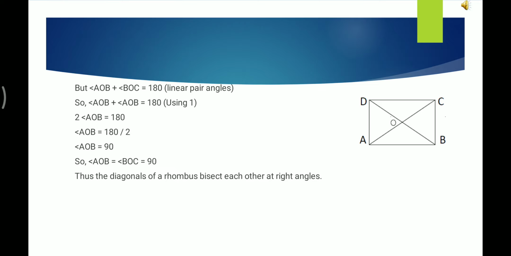So after dividing 180 by 2, we will get angle AOB is equal to 90 degree. Since angle AOB is equal to angle BOC, so they both have the same value, that is 90 degree. So this proves that the diagonals of a rhombus bisect each other at right angles.